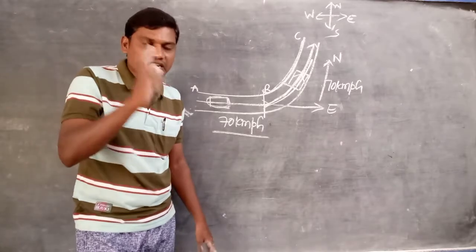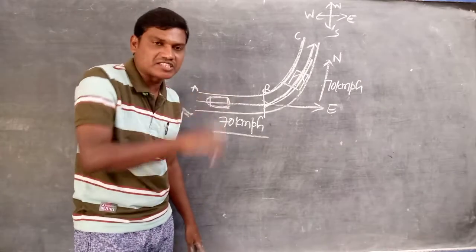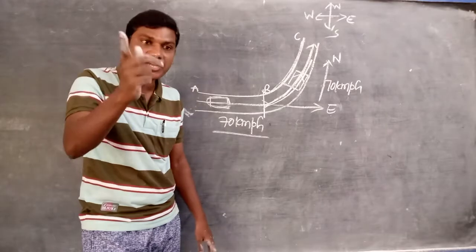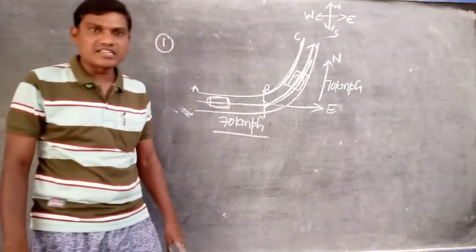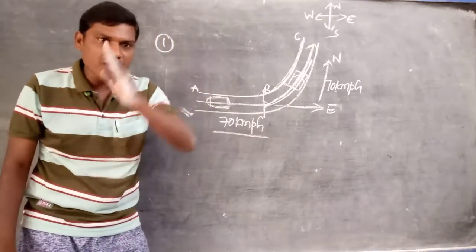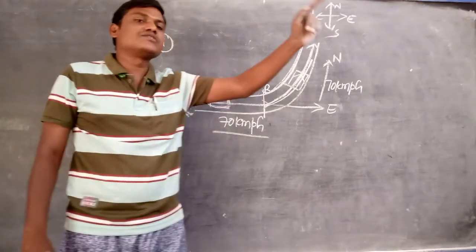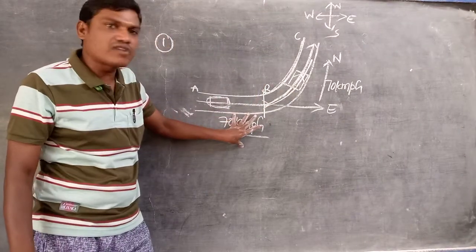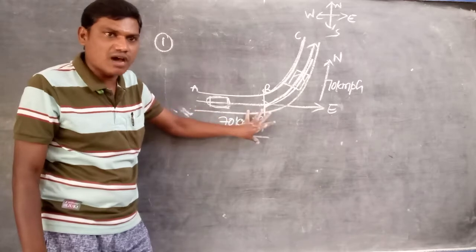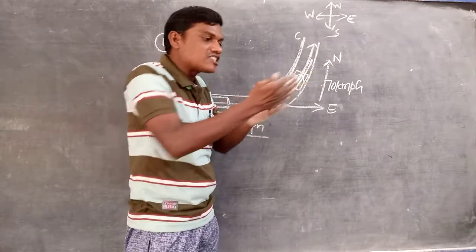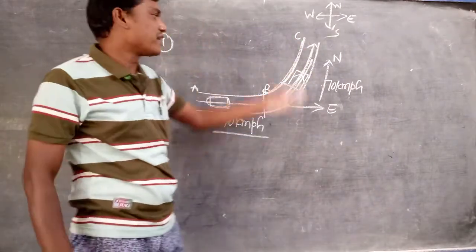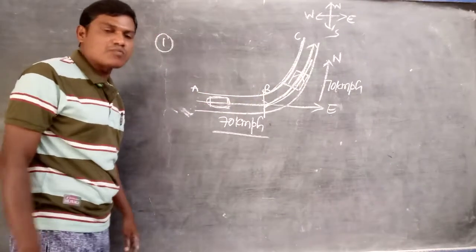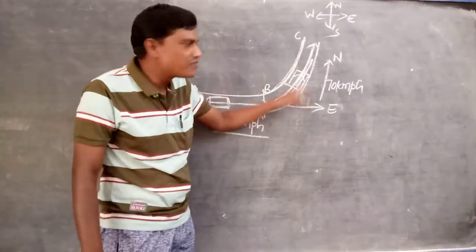Vector has both magnitude and direction. If either magnitude or direction changes, velocity automatically changes. Here the magnitude of the car's speed is 70 kilometers per hour, constant, but in a curved path the direction changes gradually. So the car does not move with a constant velocity.